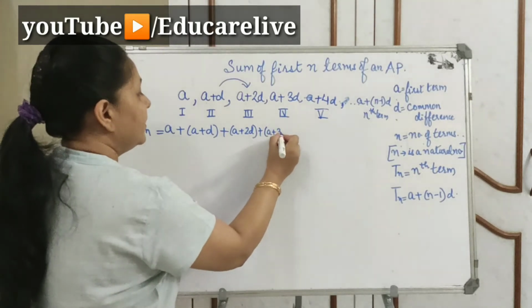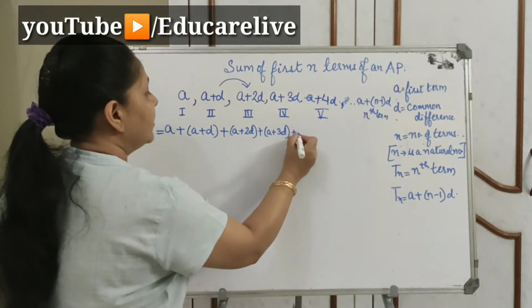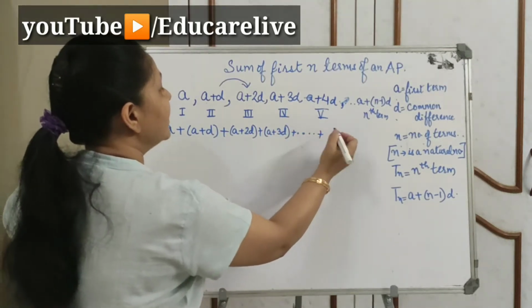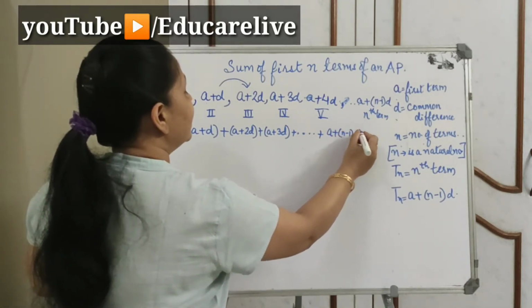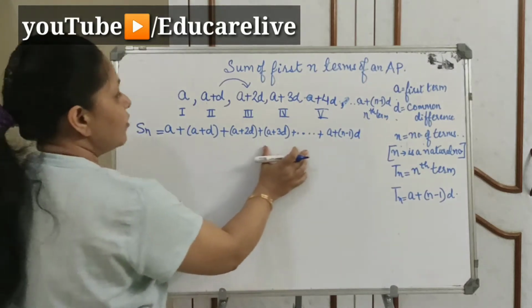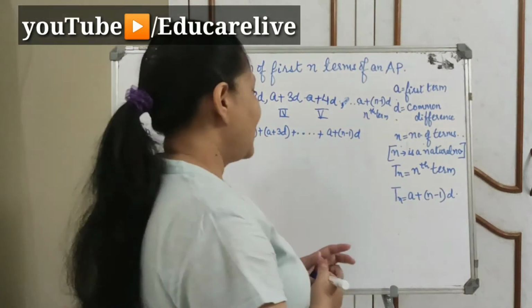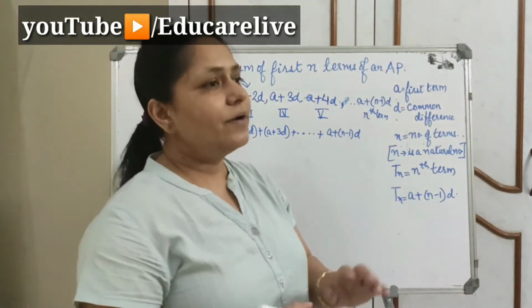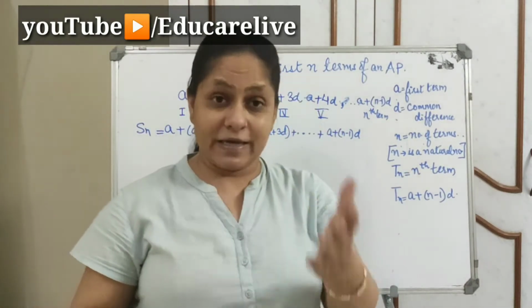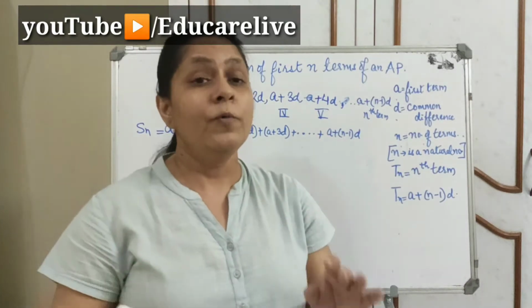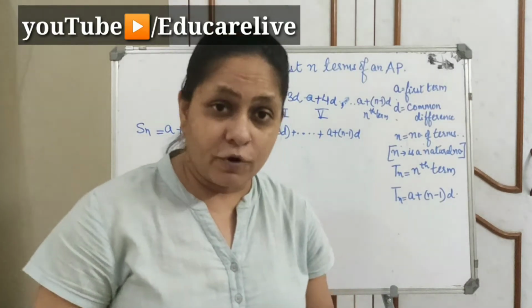A plus 3D, and we keep moving like this, and the nth term is A plus n minus 1 D. So we need to find the sum of all these n terms. I can give you the formula straight away, but you need to understand how this formula is derived. So even if you forget the formula, at least you should know how you derived that formula.